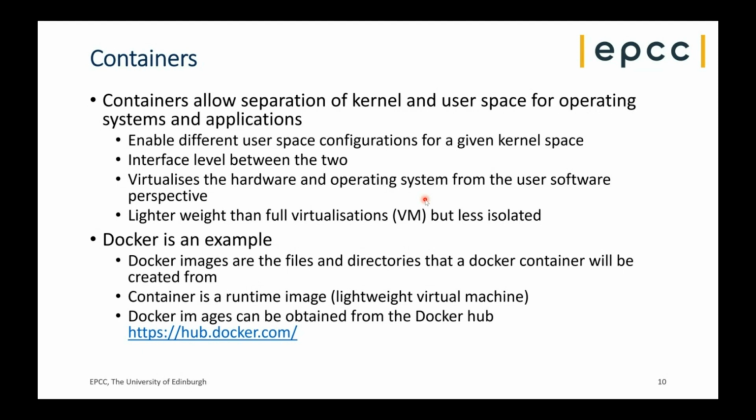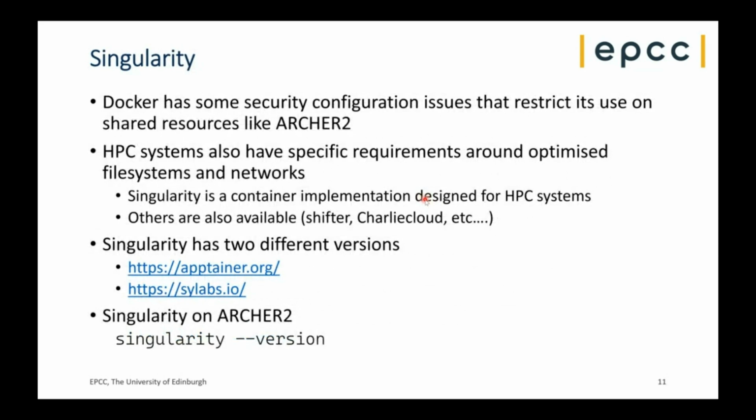Although for a lot of data science work you're not doing parallel programming, so you can ignore some of those things. But containers are a way of running a specialized operating system on top of what we already have on ARCHER2, where you can install your own applications inside, or use pre-built operating systems which already have the things you need installed.